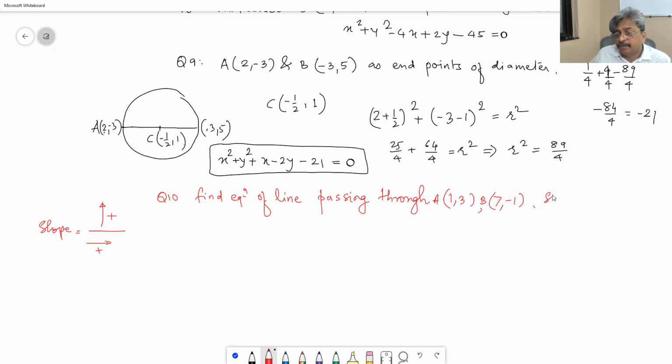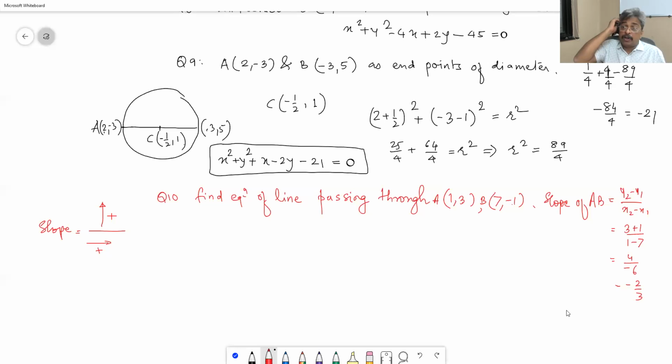Slope of AB is equal to (y2 minus y1) upon (x2 minus x1), which is equal to 3 minus 1... that is, (-1 minus 3) upon (7 minus 1), which is equal to minus 4 by 6, which is minus 2 by 3.